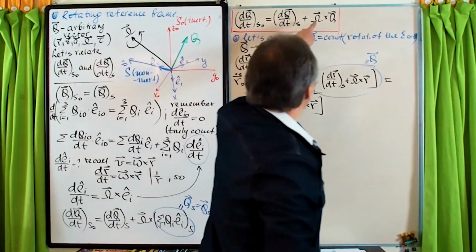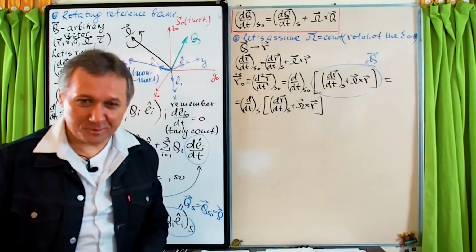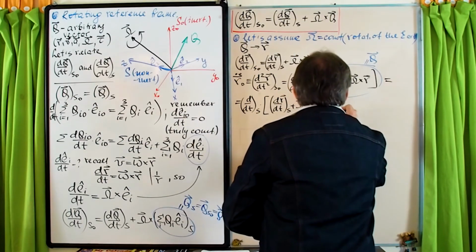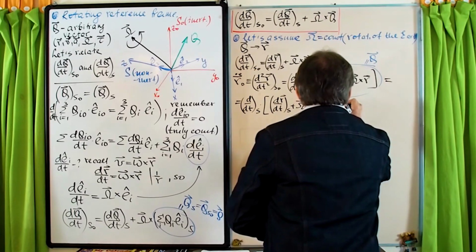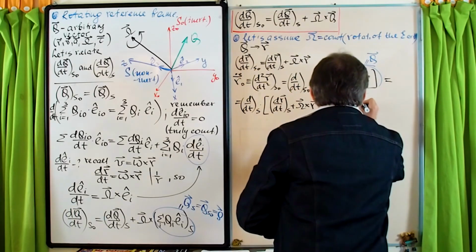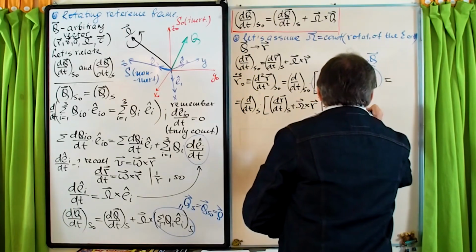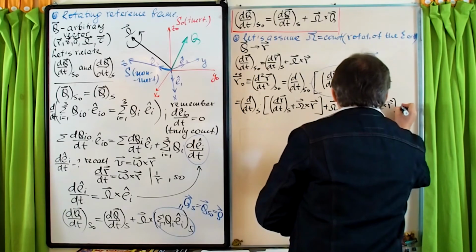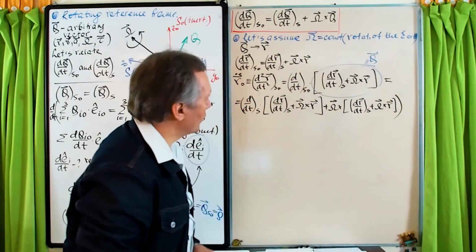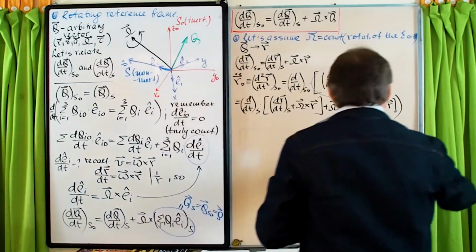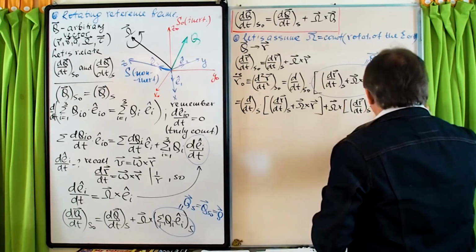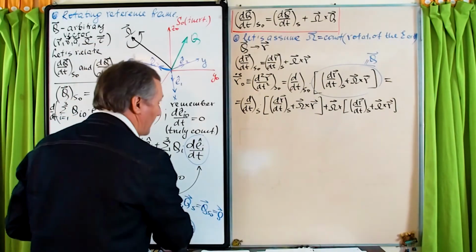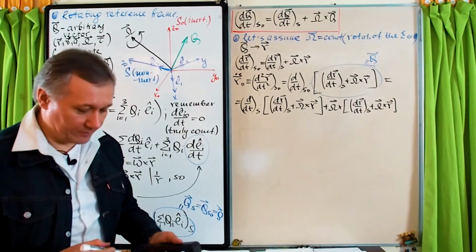And the second, omega cross that, plus omega cross dr over dt in S plus omega cross r. Oh, no. Conservation of brackets. All right, so I don't need this bracket. Yeah, now it's correct. Okay, so now let's open it up.